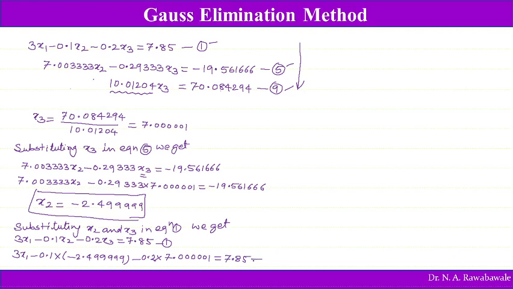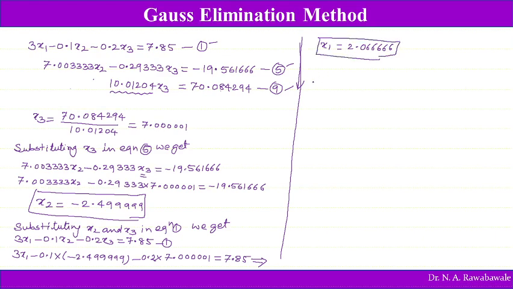On simplification of this, we get x1 is equal to 2.066666. This is the value of x1.